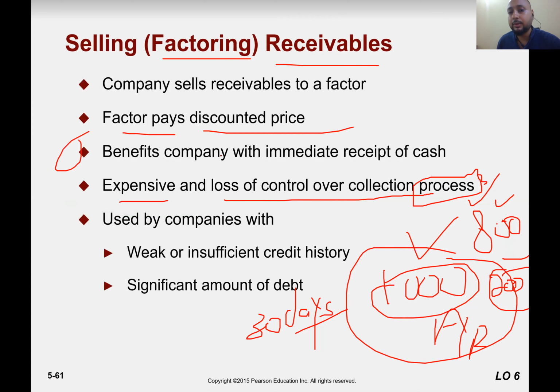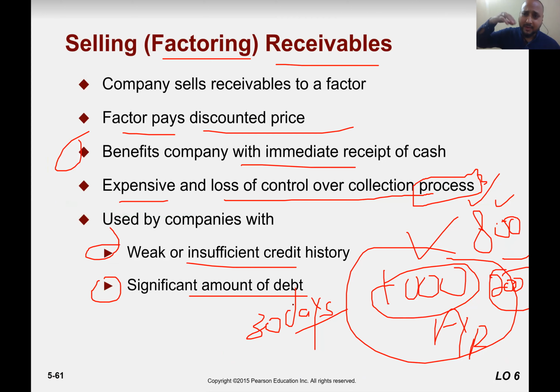The benefit is that you receive immediate cash. Normally it is used by companies who have a weak or insufficient credit history, or who have a significant amount of debt. If I have a company that is excessively debt oriented, my customers already know that this company is going to go bankrupt, so why pay them? Nobody is going to come after us, so we will just say no, we are not paying, right?